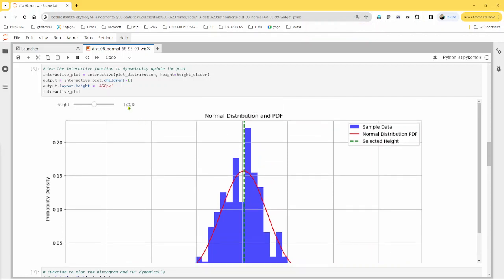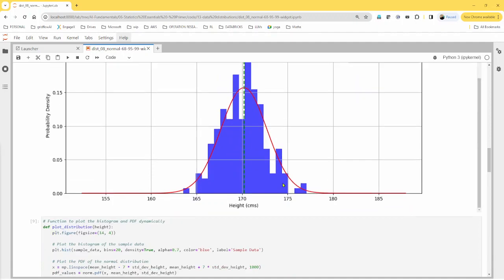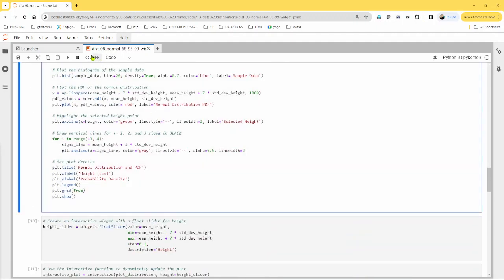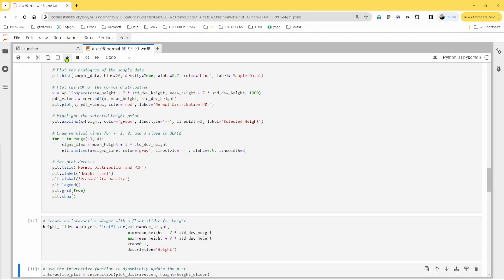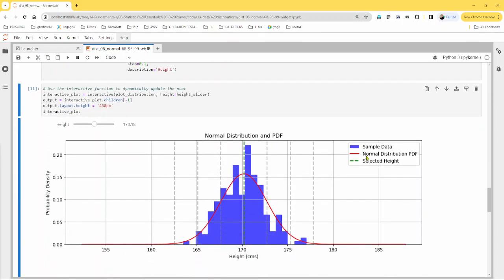So this is 170.18, which is basically the green line, and here is your normally distributed curve. So this is the mean in the center, the green, and this is the PDF here.